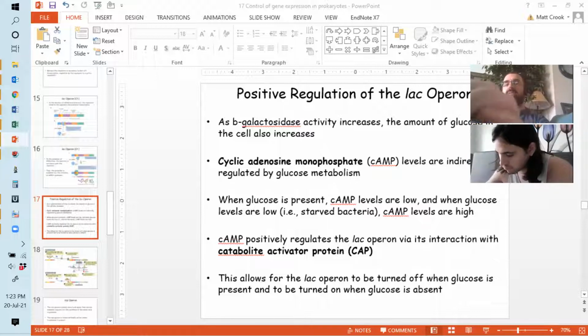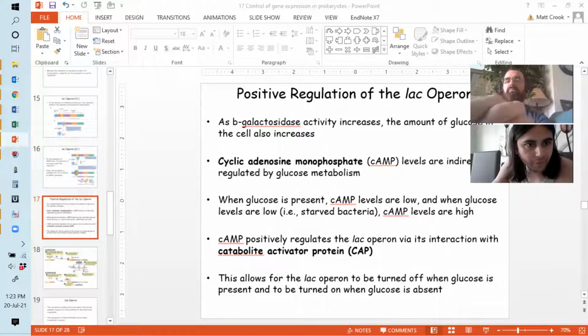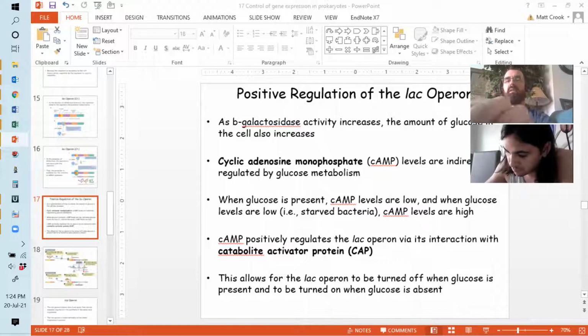And for energy levels, i.e. glucose, that sensor is called cyclic AMP, or adenosine monophosphate. It's kind of a funky molecule. It's really just used for that. And cyclic AMP levels are inversely proportional to glucose levels.